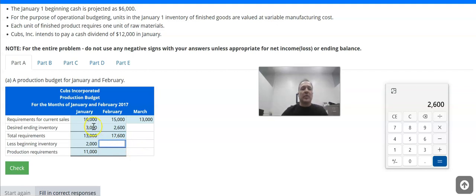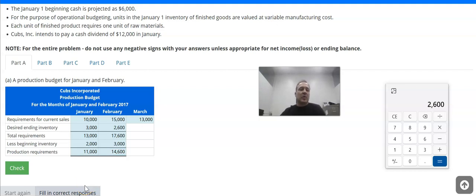Well, we can just pull this 3,000 right here down, right? So ending inventory for January is beginning inventory for February, or we could just take 20% times 15,000. Again, we already did it once. So we're going to subtract that out. And so our production requirements for the month of February are 14,600.